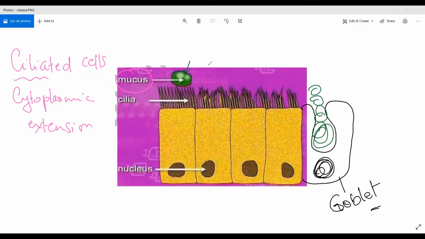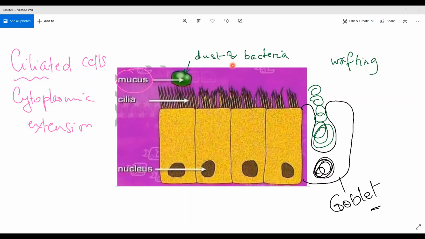This mucus contains dust stuck on it and bacteria, and this is very dangerous to stay in the body. So these cilia just move to and fro like this. We call it a wafting movement in order to sweep the mucus upward, so it can be swallowed if it reaches the throat.